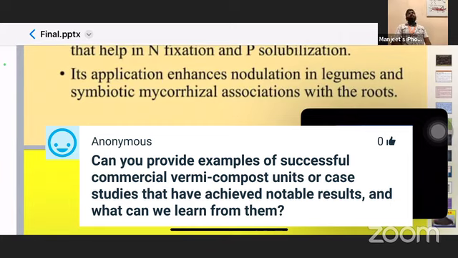But there are many more. One famous vermicompost unit is in Meerut, and one is in Gurugram. There are so many successful entrepreneurs in this business, and the demand for vermicompost is increasing day by day. The youth should focus on starting their business in vermicompost, I think.